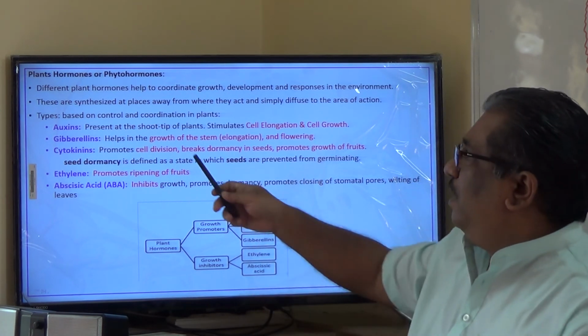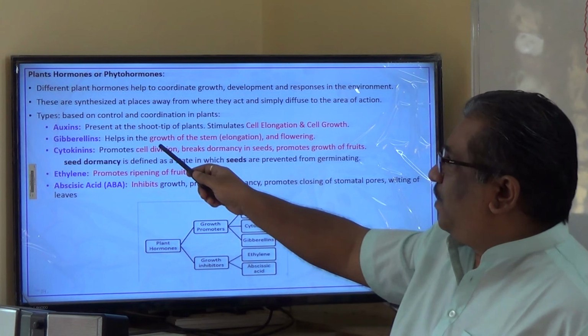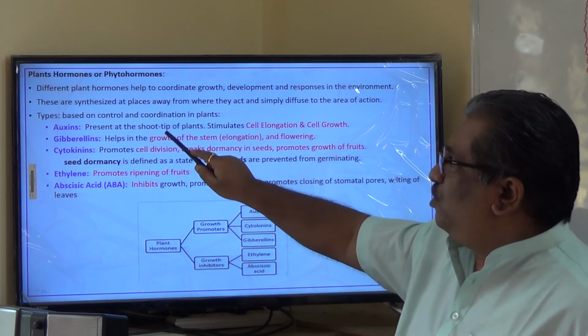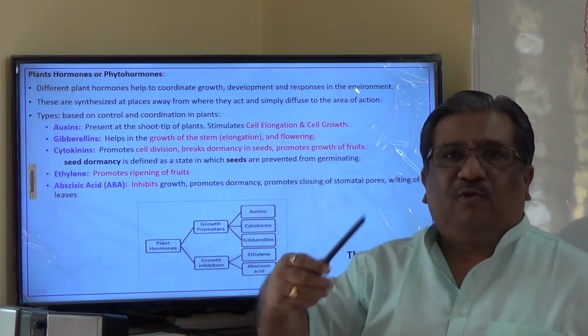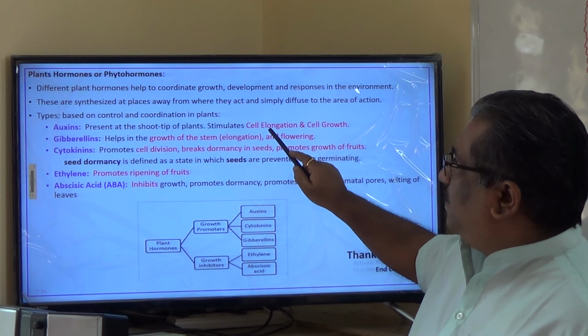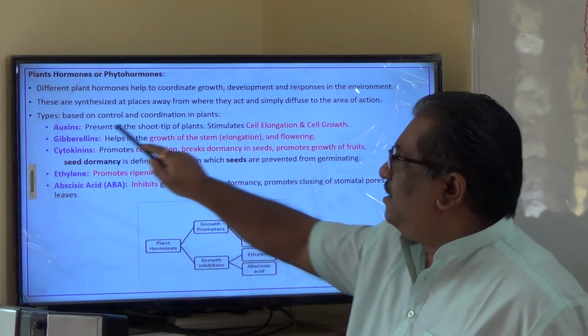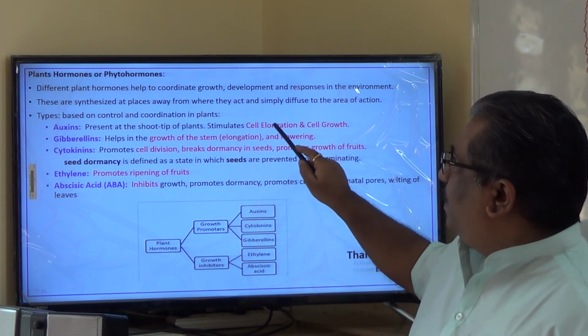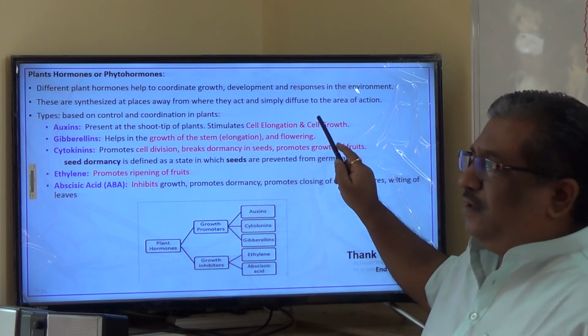Auxins are present at the shoot tips and also root tips of the plants. And what is their function? Auxins regulate, or you can write stimulate, cell elongation and cell growth.